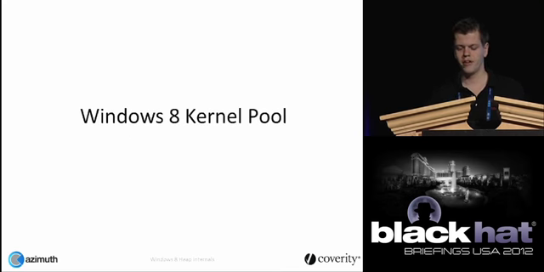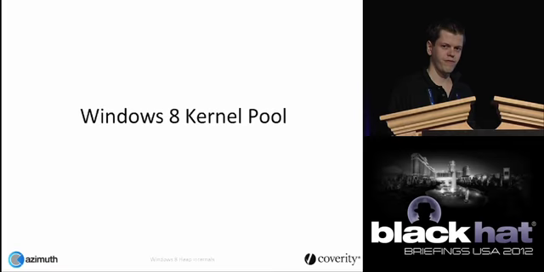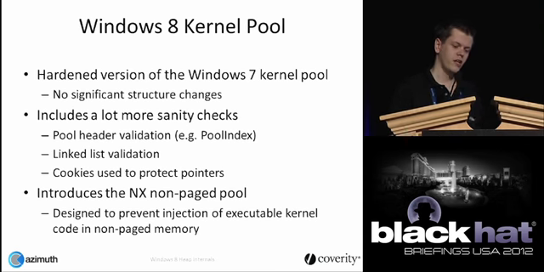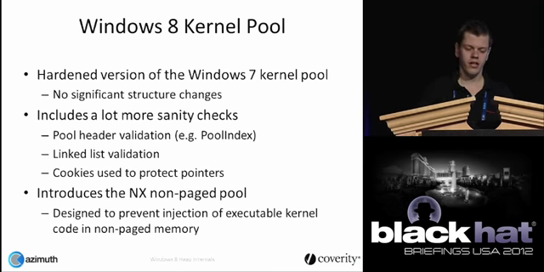The Windows 8 kernel pool is not fundamentally changing any of the algorithms, unlike what we've seen in user mode. It's more of a hardened version of Windows 7, so we don't have any significant structure changes, but we have a lot more checks. There are heaps of checks regarding the pool header, validating all the values properly, and having validation on the linked list, so it's not only safe unlinking, it's also safe linking.